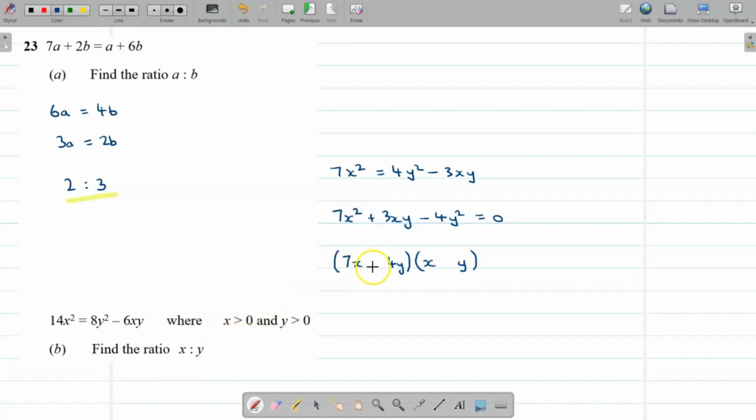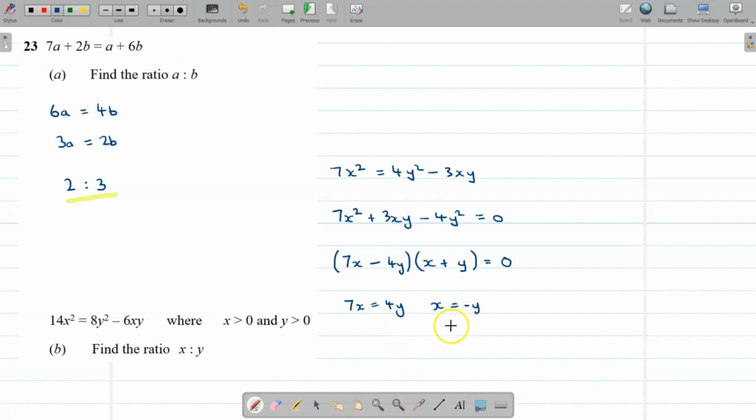To get the 3xy, I need 7xy minus 4yx here, you see. So that would be the correct factorization. And if you multiply that out using FOIL, you will see that it does indeed come to this expression here. So that gives us the solutions that 7x can equal 4y to make that bracket 0, or x equals negative y.